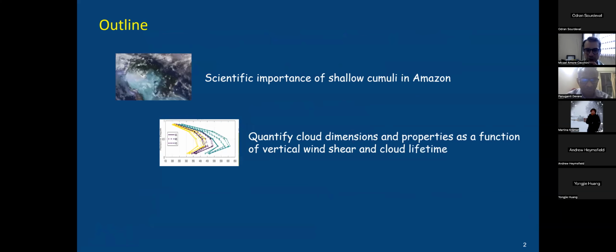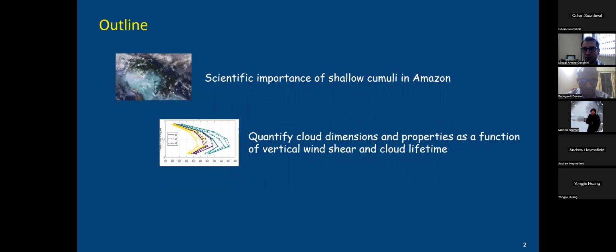Okay. So first, I will just shortly introduce a little bit about the scientific importance of shallow cumulus in the Amazon. Then we are gonna go ahead to the paper results, where I try to quantify, because I saw some other papers in the literature talking about wind shear, that it affects clouds and how it can affect also deep clouds.